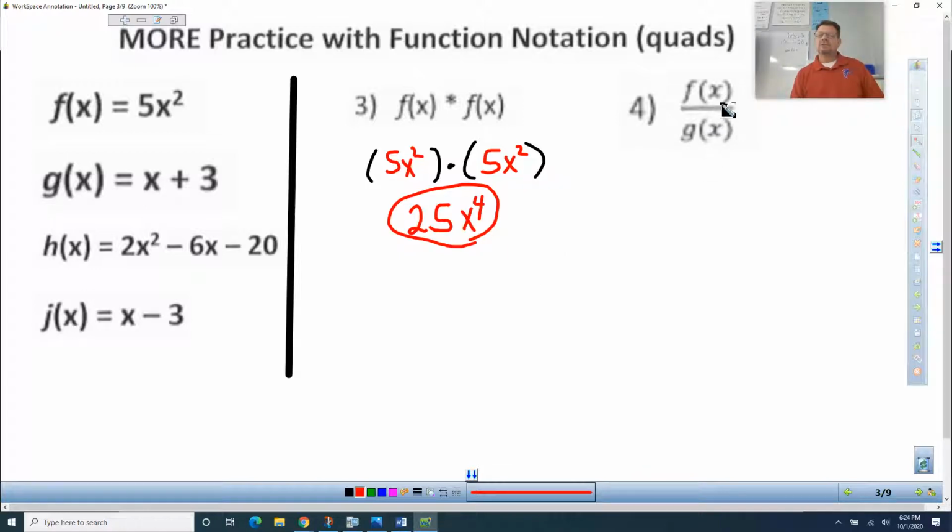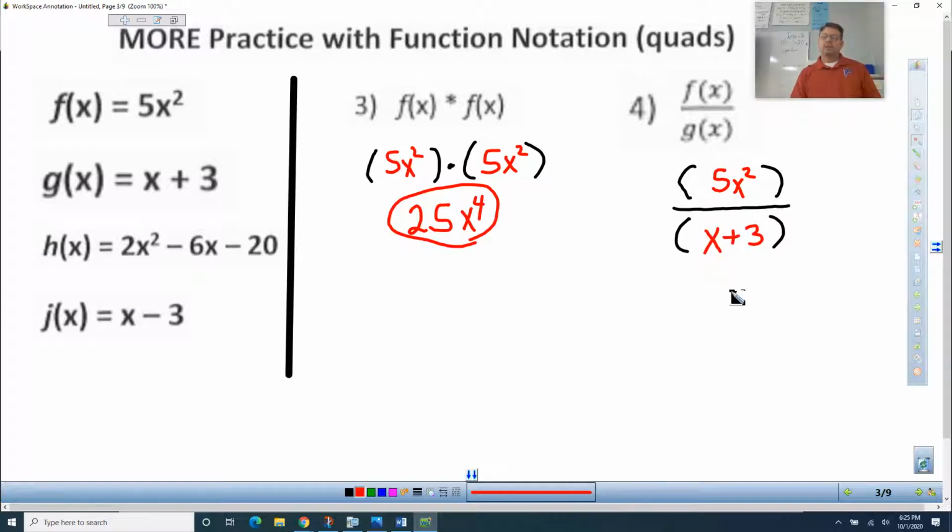Now let's try division of two things. Again, I'm going to show you what you should be thinking: I have something divided by another something. What's in the top section? f of x. What can I substitute for f of x? It says 5x squared. Now it says g of x, and that's x plus 3.